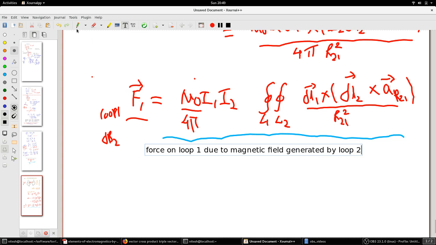This is this guy F1. What will be the reverse force on loop 2 due to the magnetic field generated by loop 1?